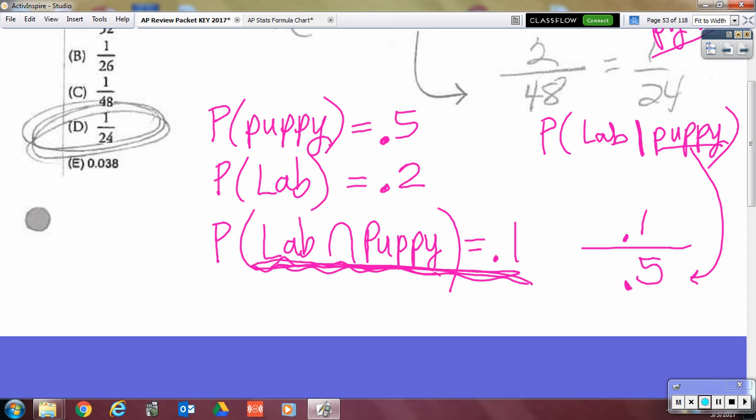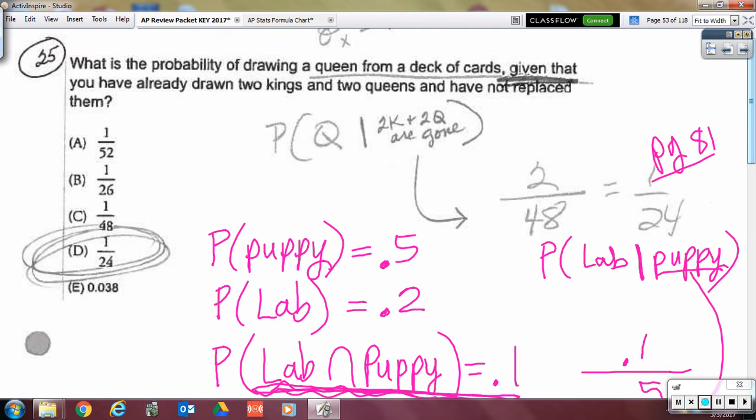How do you determine what you're talking about if they don't use the exact words? Sometimes they won't use the exact words "given that," but they'll say something like, if you know that you've already drawn out 2 kings and 2 queens, or, upon drawing a puppy, what's the probability that it is a lab?